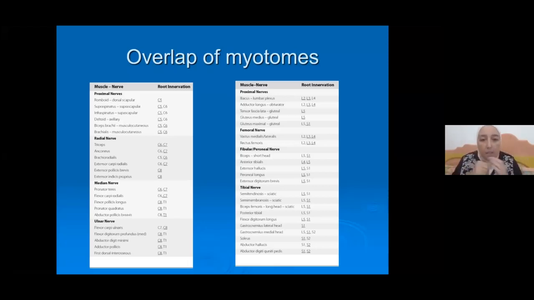This data is a lot, but there's nothing we can do about it, because this is very important, as we will see in the EMG and nerve conduction studies protocol, what we will exactly do.